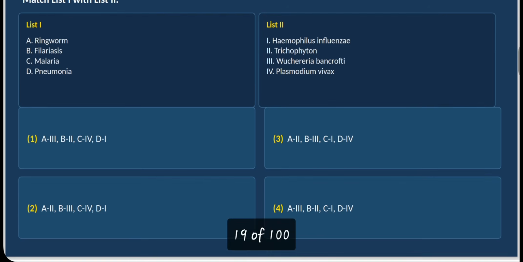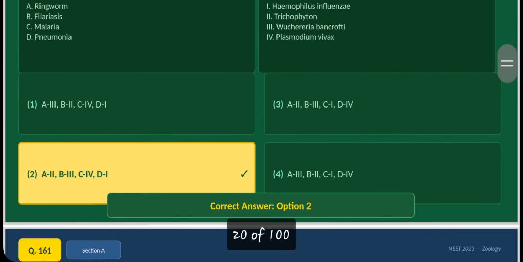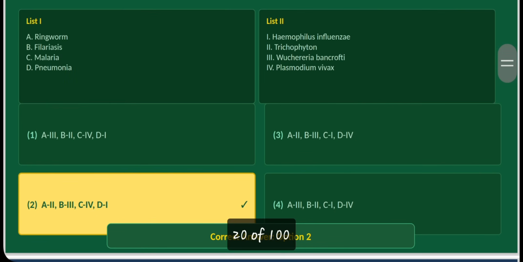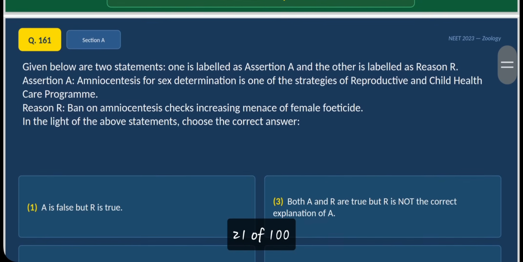A2, B3, C4, D1. The second option is correct. You can see here ringworm, Trichophyton; filariasis, Wuchereria bancrofti; malaria, Plasmodium vivax; pneumonia is Haemophilus influenzae. Streptococcus pneumoniae is also another bacterium which causes pneumonia. So the correct option is A2, B3, C4, D1.